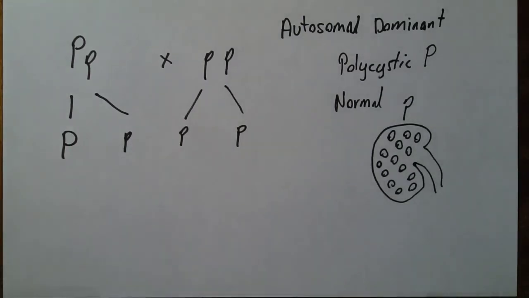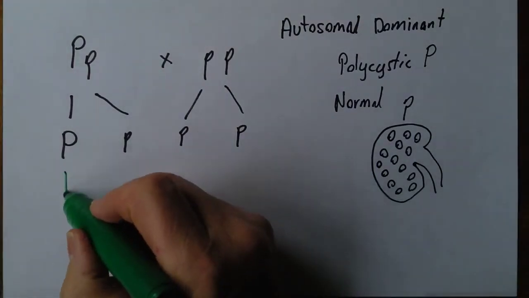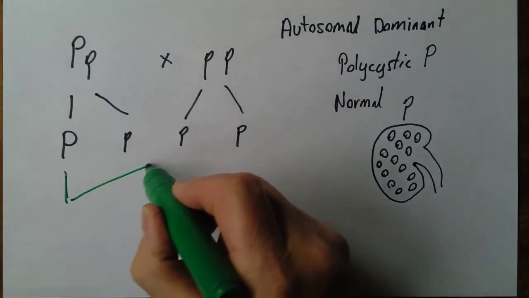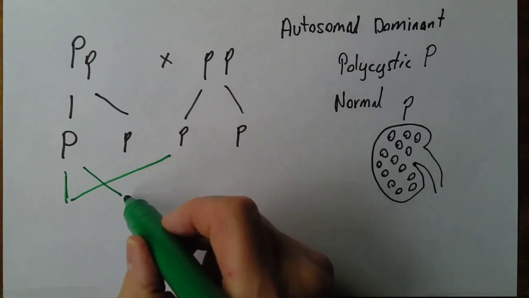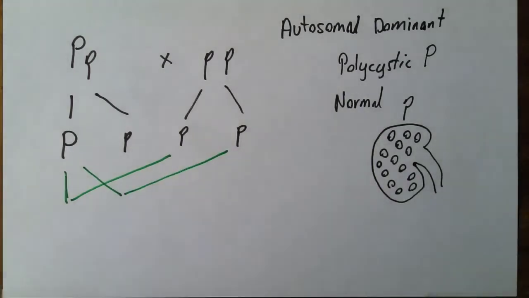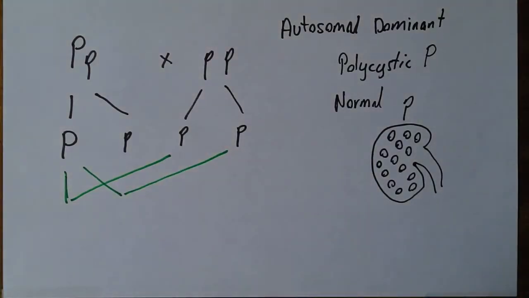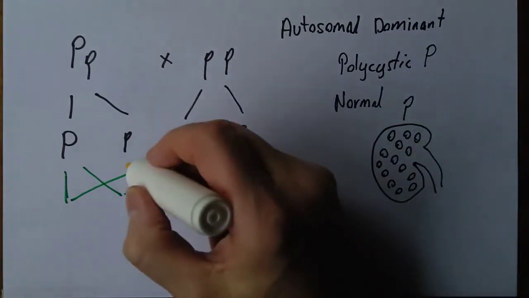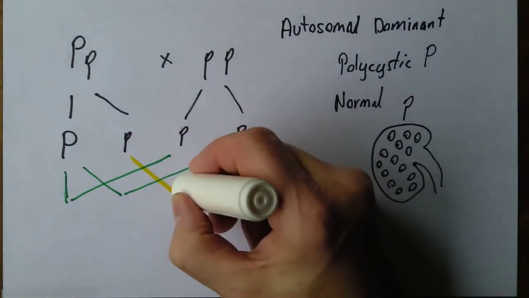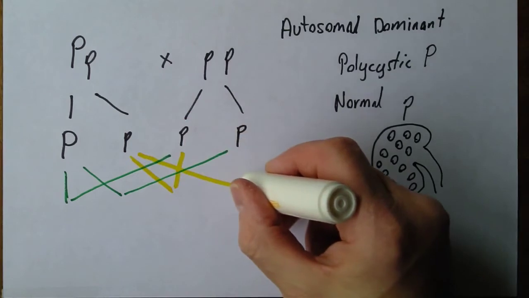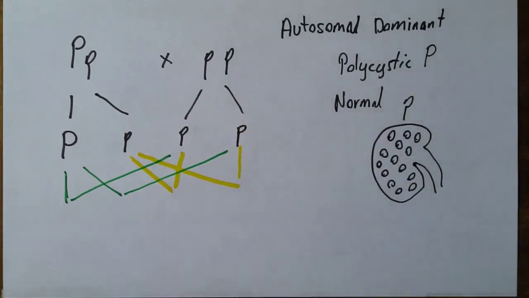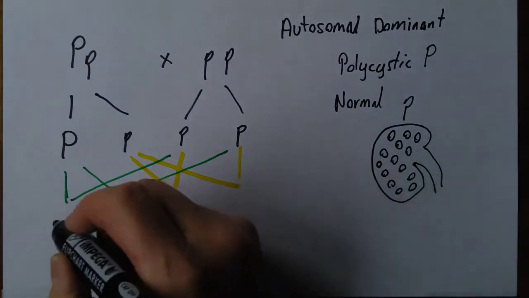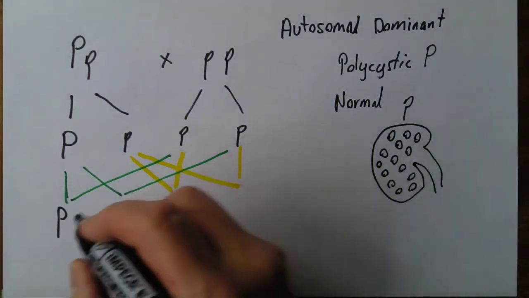So let's think about the possible recombinations here. That one and that one, or that one and that one are possible. Alternatively, it could have been that one with that one, or that one with that one. They're the possibilities. Now, what would that give us? Well, that gives us a large P and a small p.